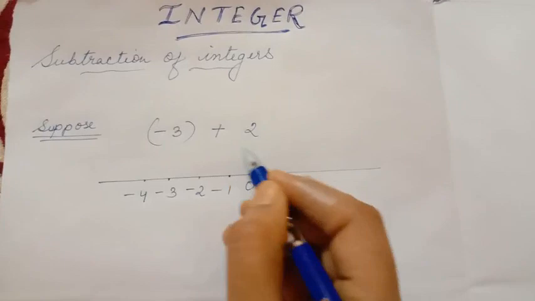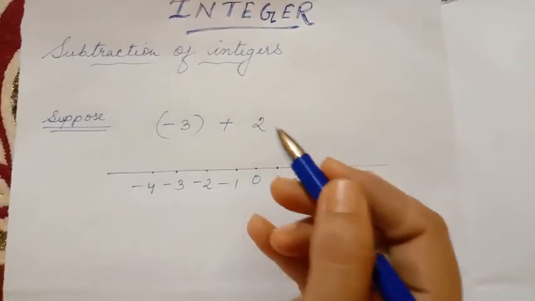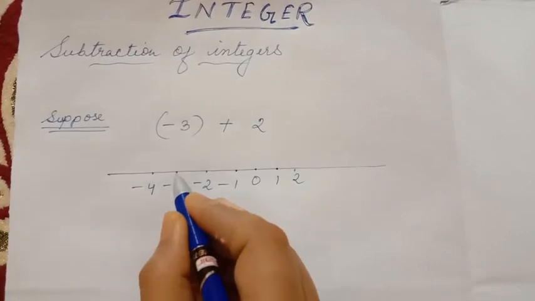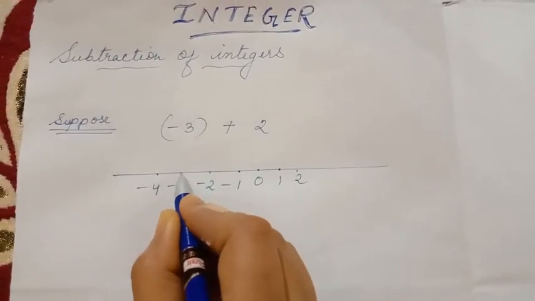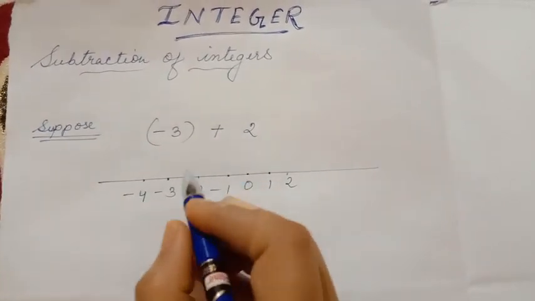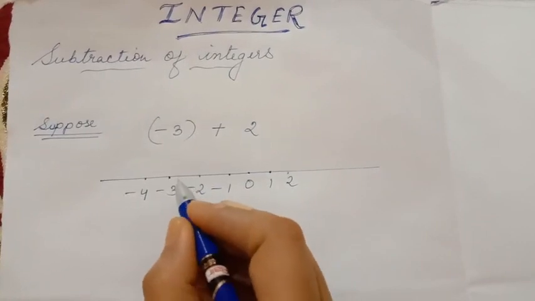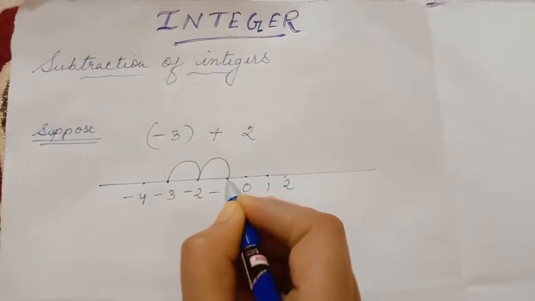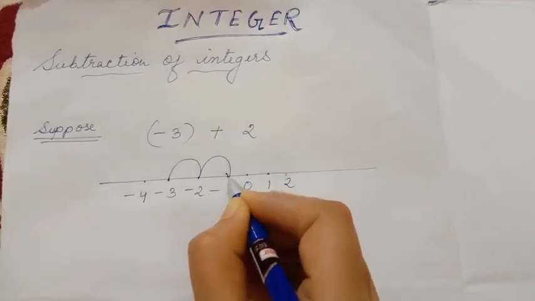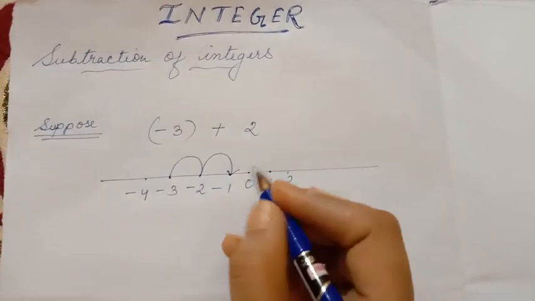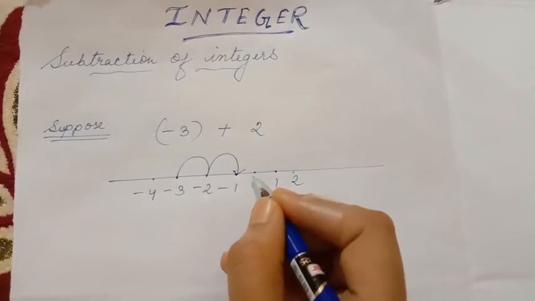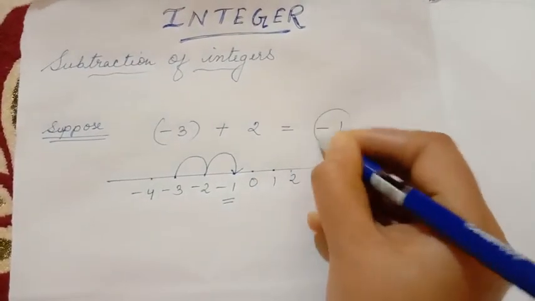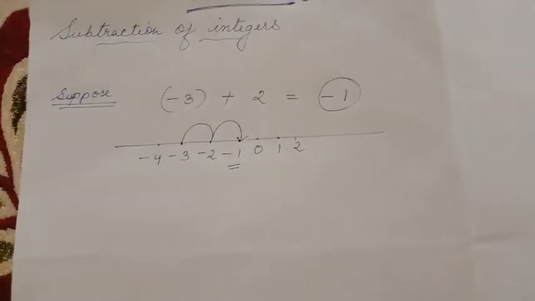So here 2 is one positive integer. For that, what you have to do? You have to start from -3 and move to the right 2 units. By that, you will get -1. So -1 is the answer.